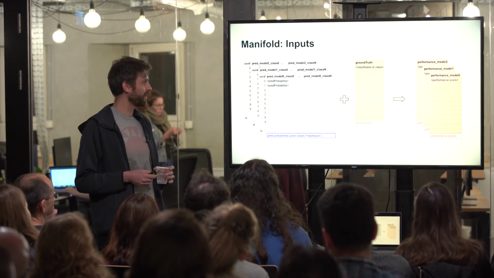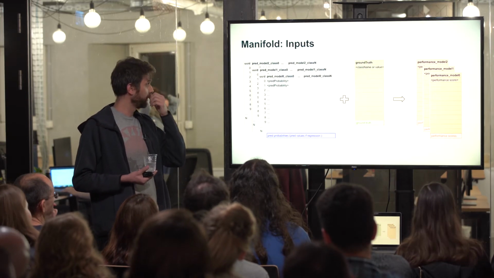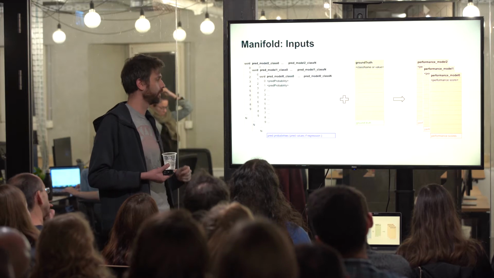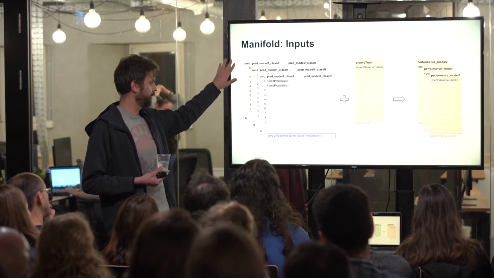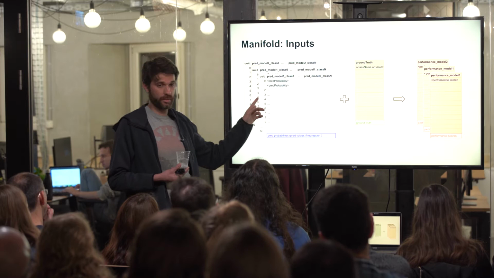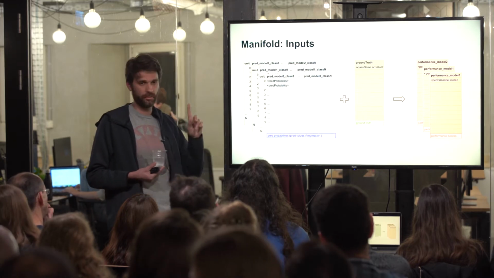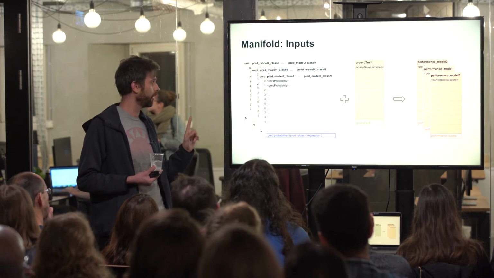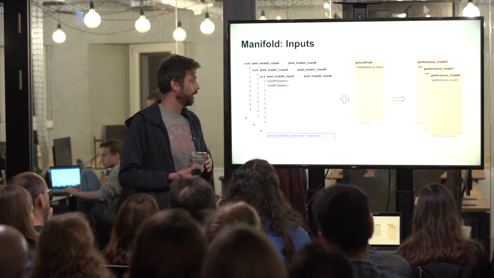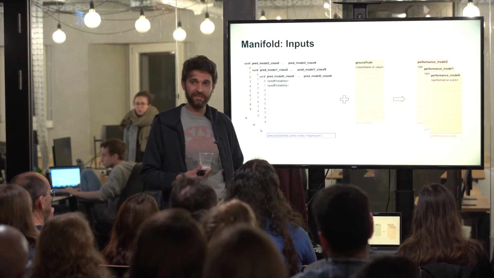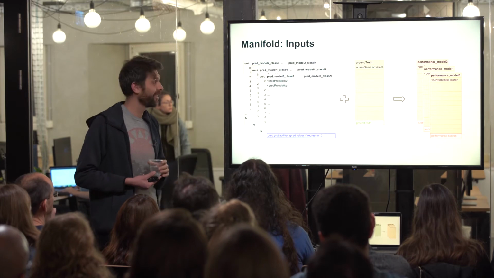OK, so the way it works, what we feed into the Manifold tool is the predictions of each of our models. It can receive the predictions of one model or several models, and some ground truth vector. Gershon, it's for you.